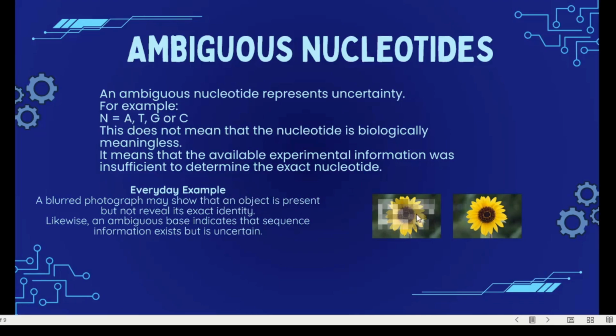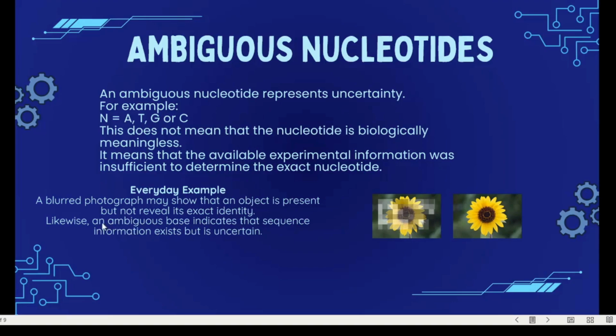Now you can see this image, and can anyone tell me which flower is indicated in this blurred image on the left-hand side? Yes, you can say, sir, it's a sunflower. Why? Because you are seeing the right-hand side image. But clearly we can't say this is a sunflower, because the blur effect is not revealing the exact identity.